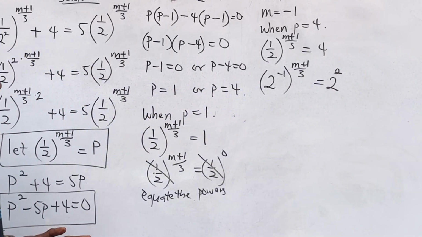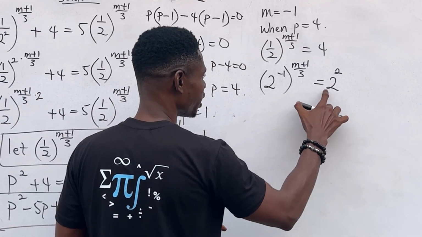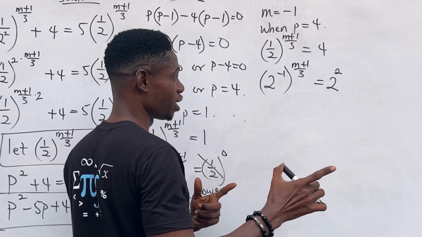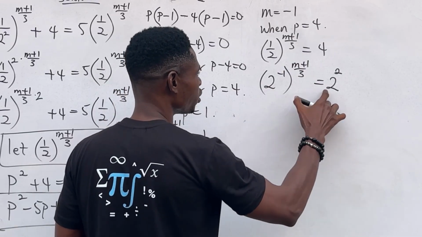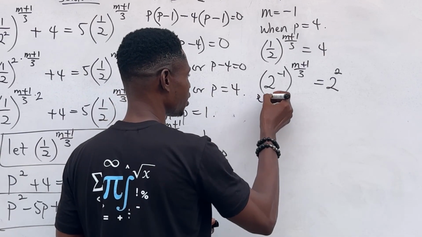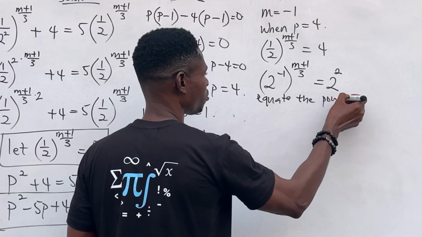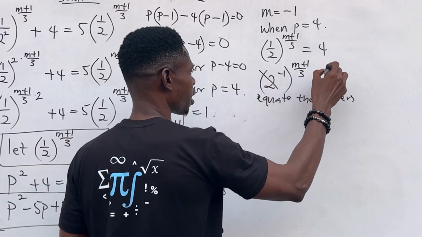Yes, I think there's sense in what I'm doing. Now, the bases are equal again. Remember our law of exponential equations. If the bases are equal, the powers have to be equal. So we can simply equate the powers.